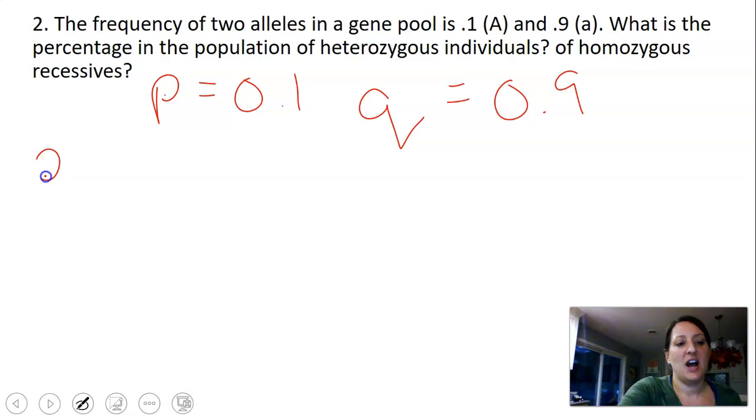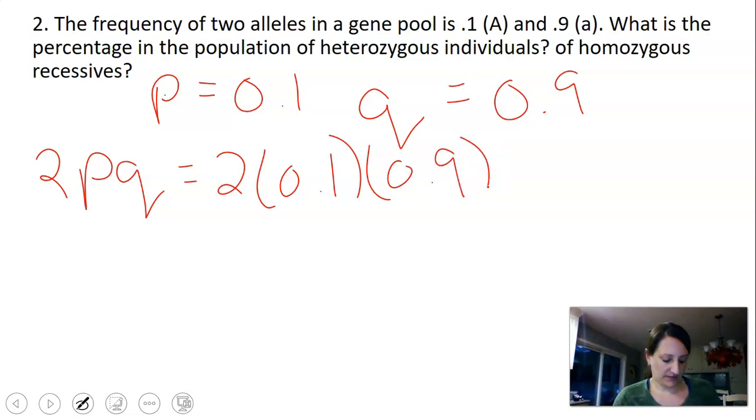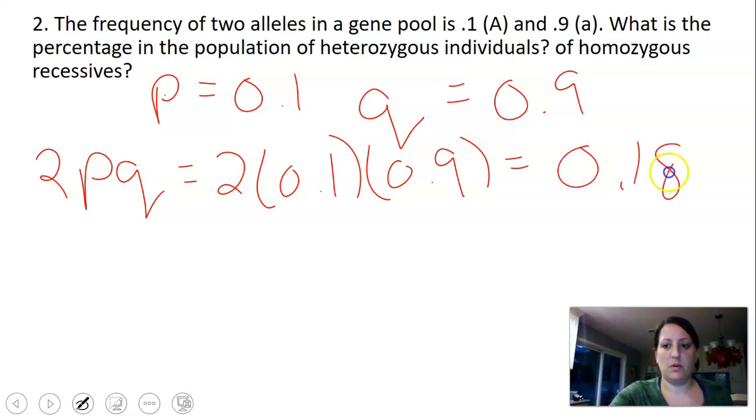Heterozygotes are 2pq, which is going to equal 2 times 0.1 times 0.9. Same as before, it's going to be 0.18. Again, they're asking for a percentage, so we're going to make that 18%.